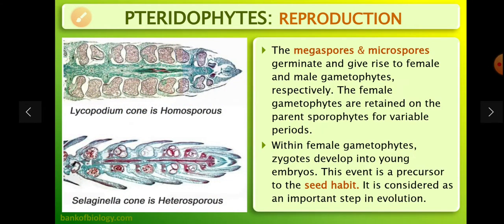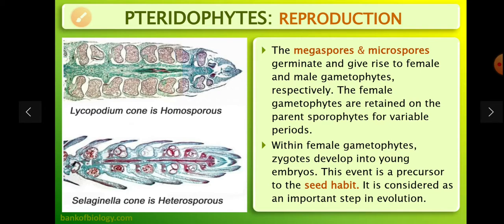Megaspore and microspore germinate and give rise to female and male gametophytes respectively. The female gametophytes are retained on the parent sporophyte for a variable period. Within the female gametophyte, the zygote develops into a young embryo. This event is a precursor to the seed habit. It is considered an important step in evolution.